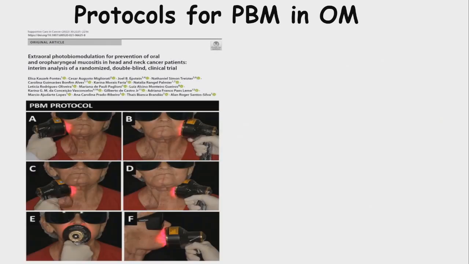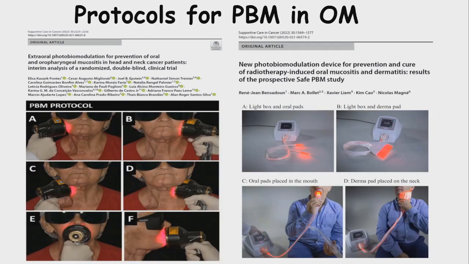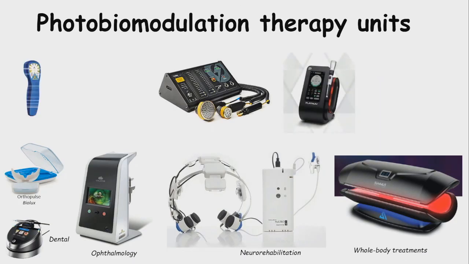There are several protocols for photobiomodulation, and again, the jury is out on whether we want to do extraoral versus intraoral photobiomodulation. There are devices for both, or a combination of them, and there are limitations and advantages of each one of those. Most importantly, there are several devices that are already FDA cleared and are available. And there are different formats of devices.